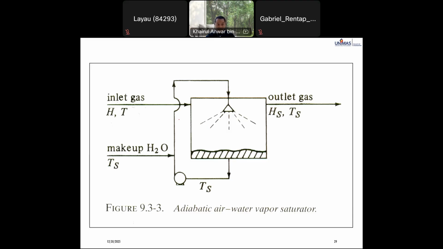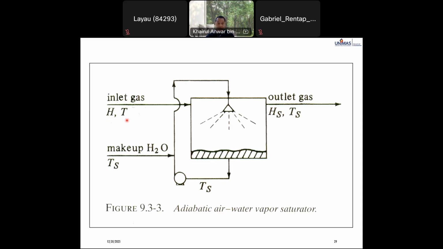Inlet entering gas is here. Let's continue with spray of liquid water. The gas leave having a different humidity and temperature, and the process is adiabatic. The water is recirculated with some makeup water added. So the water here is circulated back and plus makeup H2O.